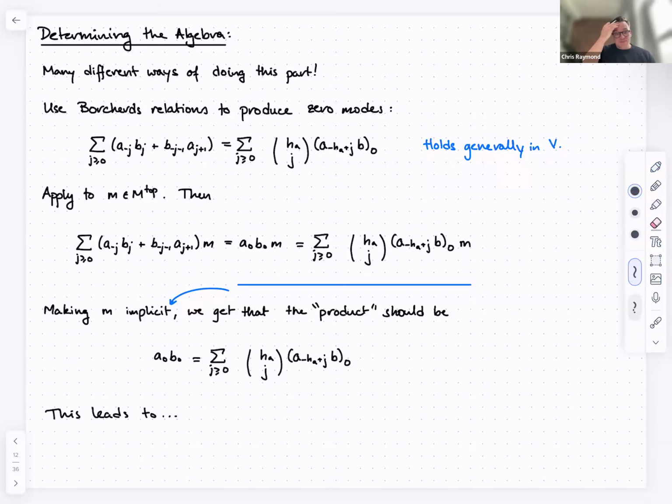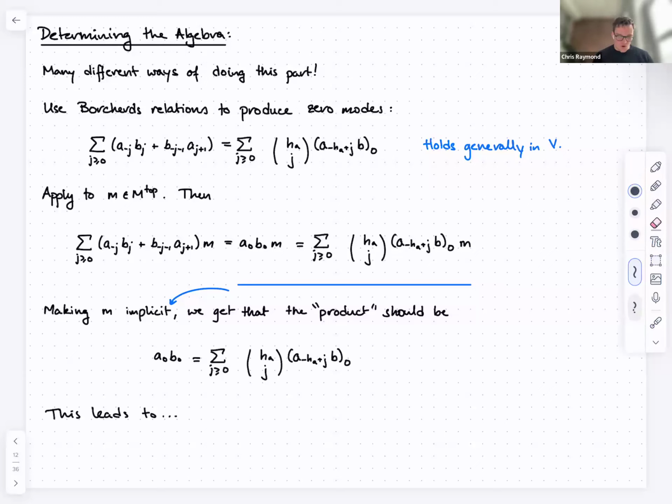And we get that I should have some sort of product on my zero mode algebra that looks like this thing here. This is kind of the golden nugget. This is what we were chasing all along. This is the product structure on my zero mode algebra, right? Inbuilt into this is the fact that I'm acting on vectors in my top space. Part of this whole game is that I have implicitly got this M floating around internally.